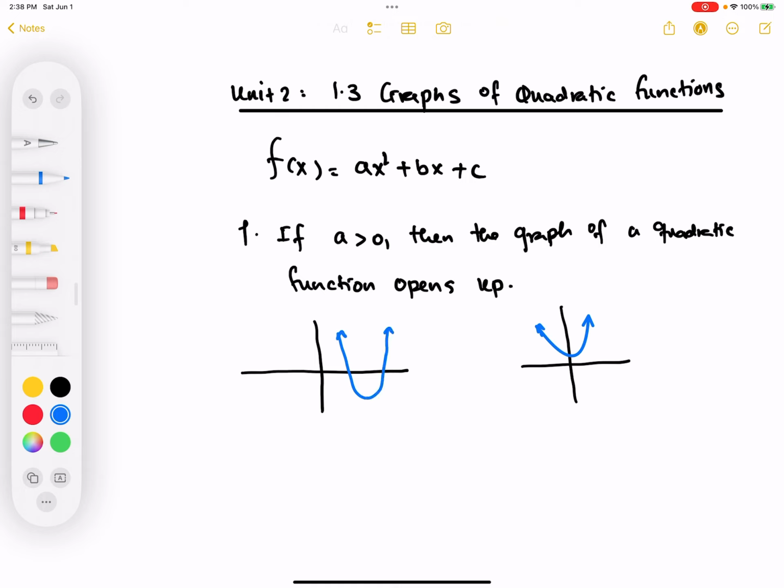For example, for f of x equals x squared, the graph looks like this one, opens up. Remember, the value of a is positive, which is greater than 0.